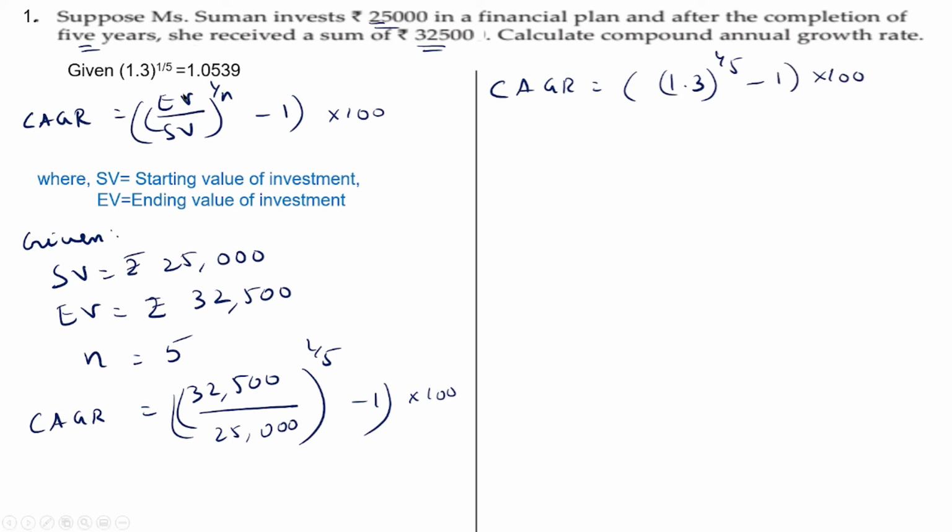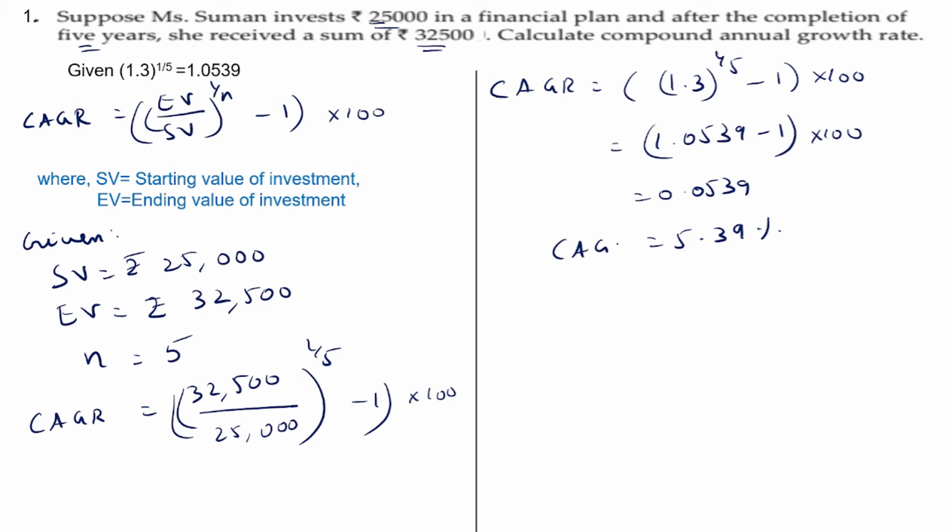In the question, 1.3 the whole raised to 1 by 5 is given, the value is 1.0539, minus 1, into 100. It is 0.0539 or 5.39%. So the compound annual growth rate of this investment is 5.39%.